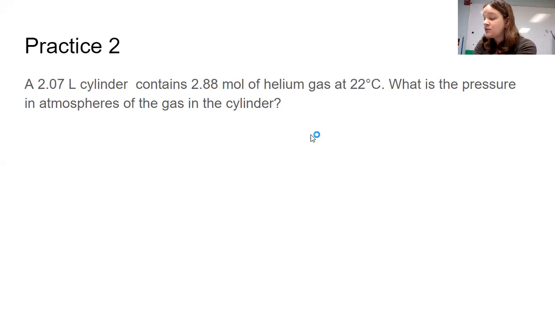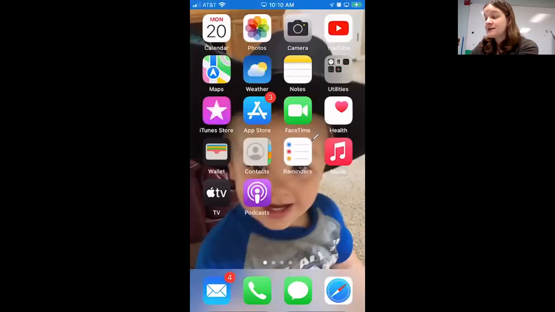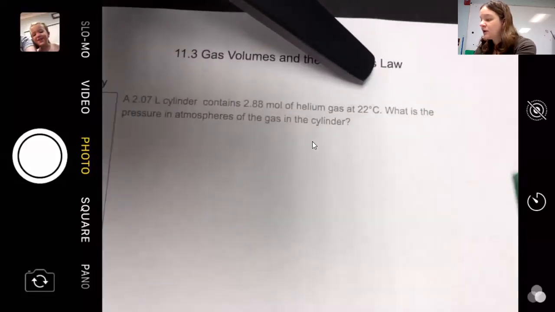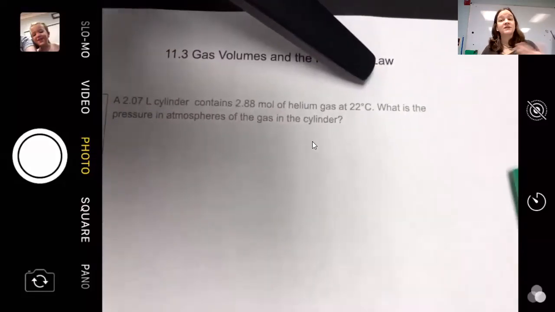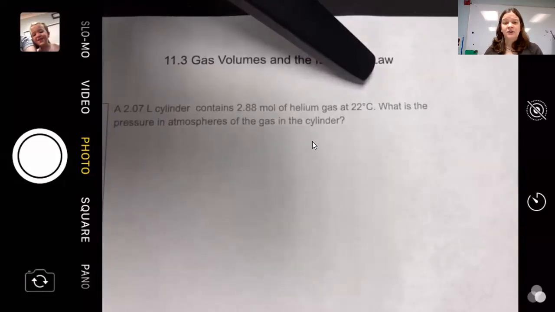We'll do this last problem, and then that's the end of this lesson. If you still have plenty of time in class, I would recommend that you go ahead and start on the practice problems. And then tomorrow you can finish those up and then start on the homework. We'll look at the practice problems and the homework.